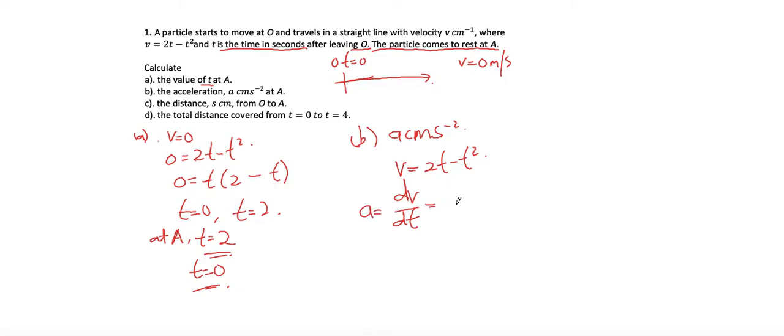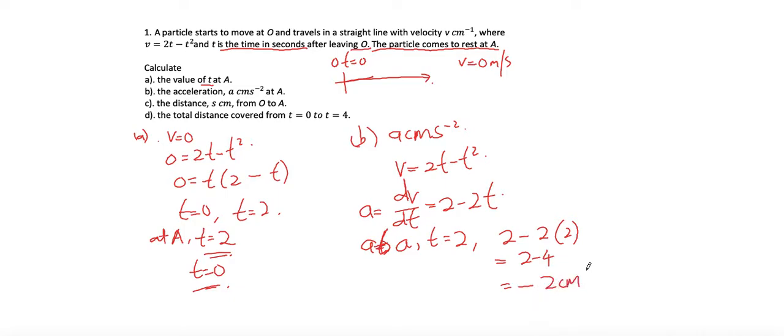In this case, we have 2 - 2t, and the acceleration at A. At A, t = 2, so 2 - 2 times 2. So the answer is 2 - 4, which is -2 cm per second square.